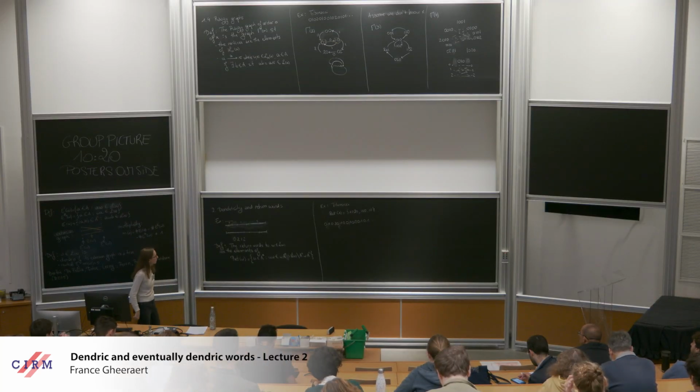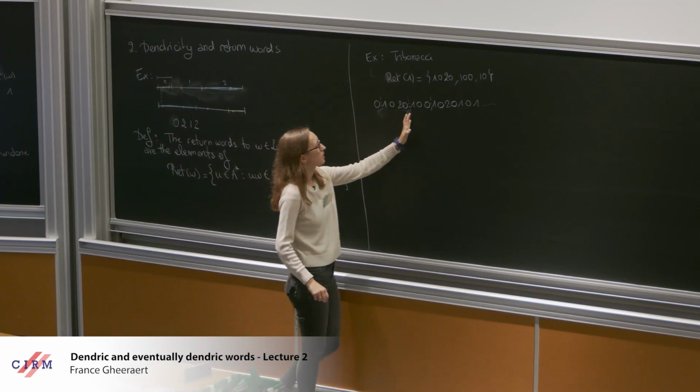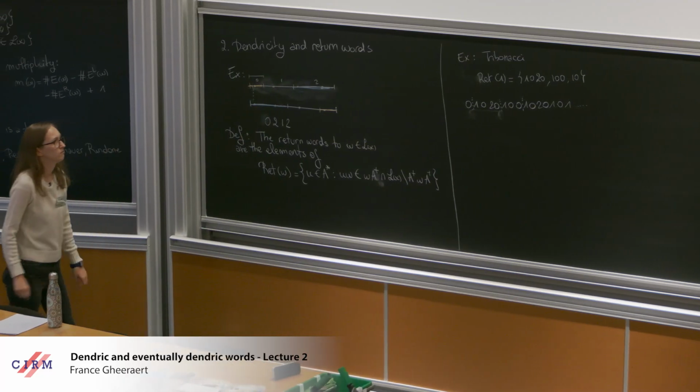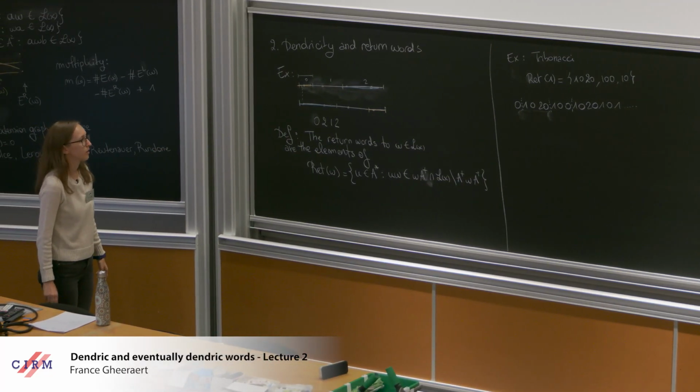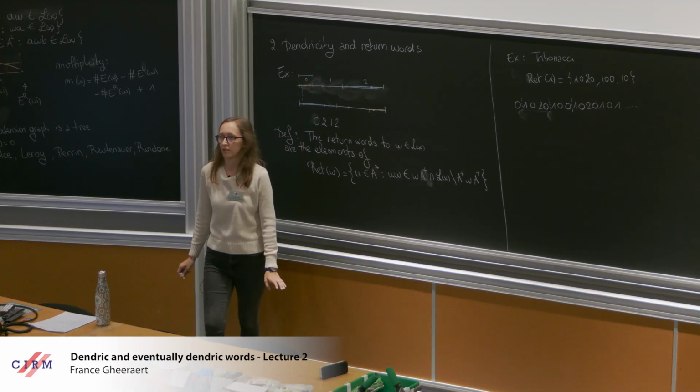In some sense, return words allow you to cut your sequence into blocks, and we'll come back to that idea tomorrow. I don't think I'll have the time today. Questions so far? No?